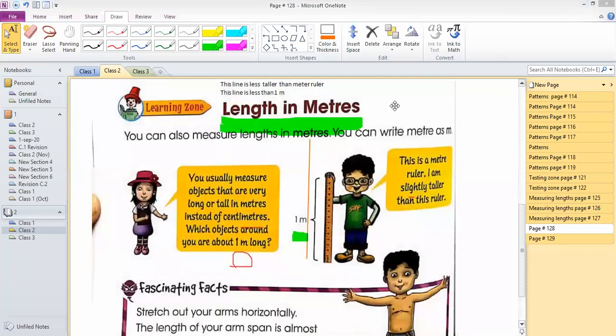I know you know the answer. I am going to open the mic and you have to tell me. Yes, guys, this line is dash than 1 meter: more than, less than, or about to. More than. Very good. I will take one of the students and ask why it is more than.